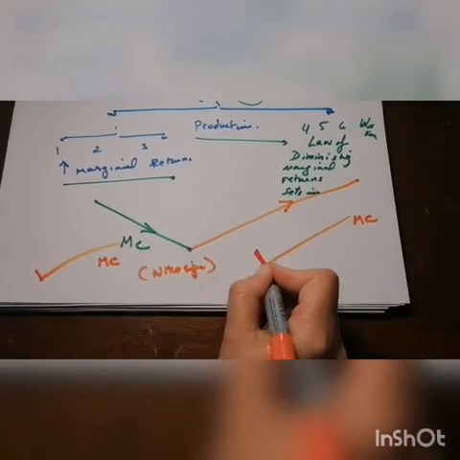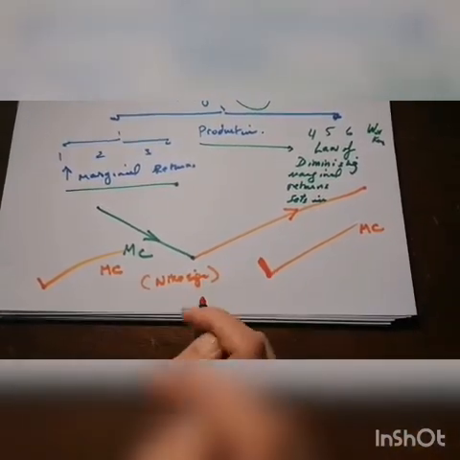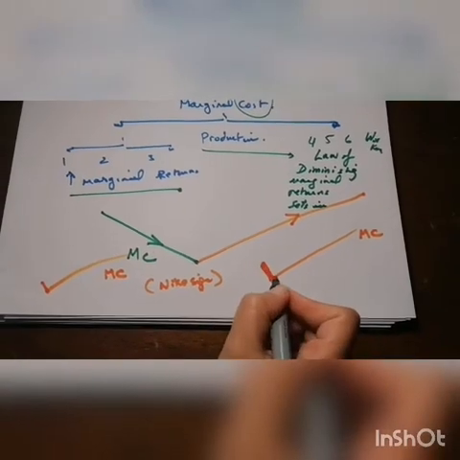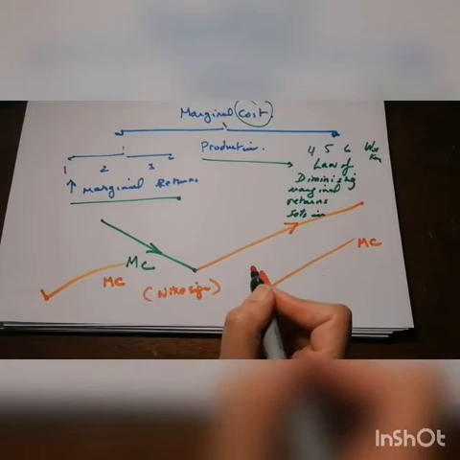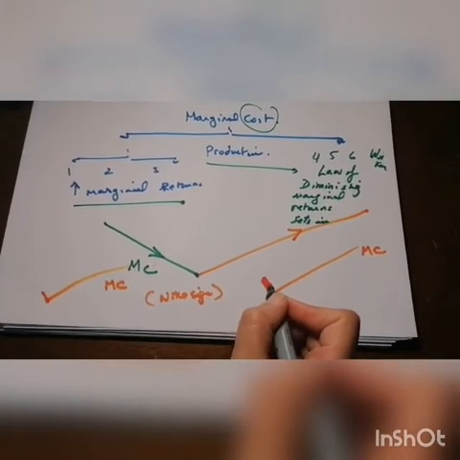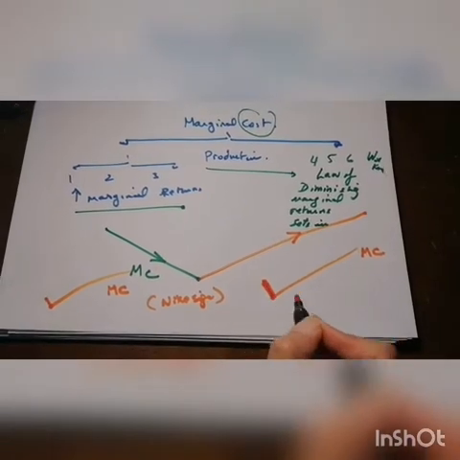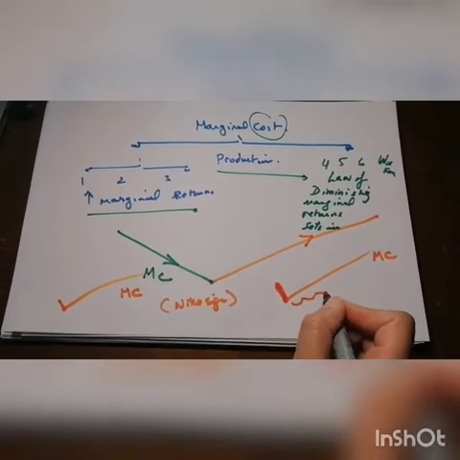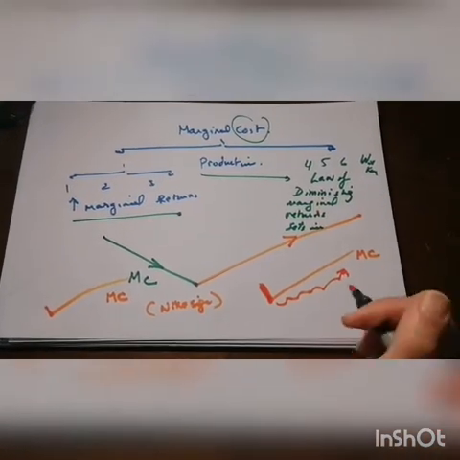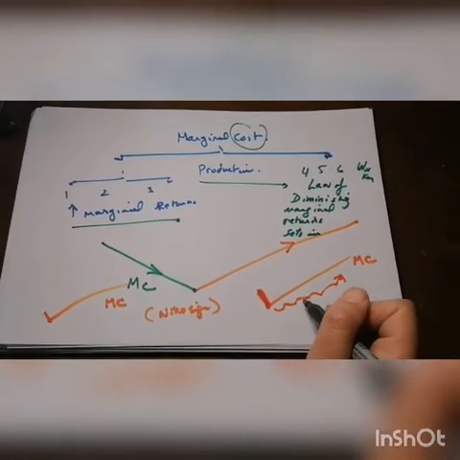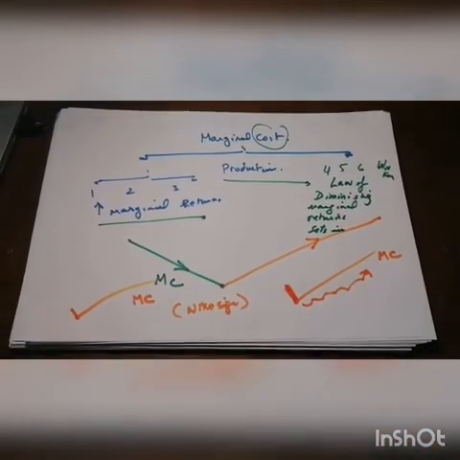Because here there is the increasing marginal returns as you hire more and more workers at the first few units of labor, the production is increasing. So per unit of production, per sweater produced, the costs are falling. And then as you hire more and more workers, the law of diminishing marginal returns sets in, meaning their productivity is decreasing, therefore the marginal costs start to become higher and higher.